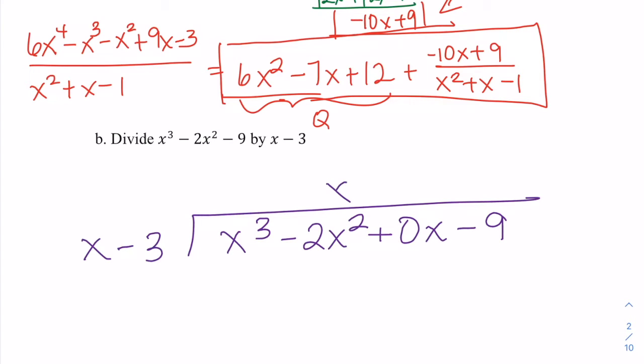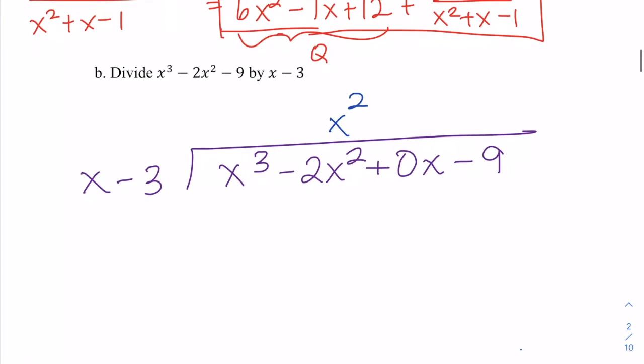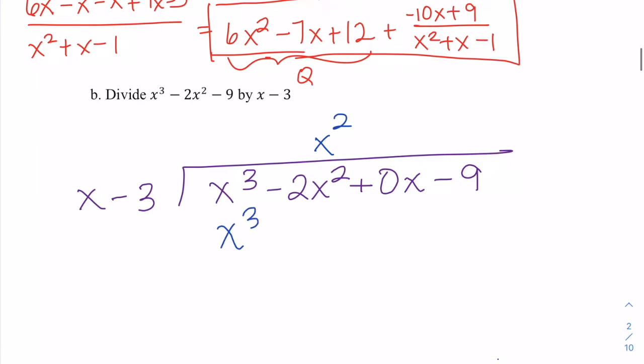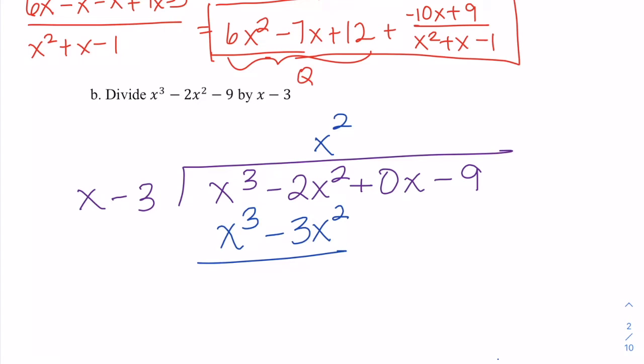So we're going to have to multiply this by x squared. So we multiply that by x squared, and we'll have x cubed minus 3x squared. Subtract going down, so we'll have x squared plus 0x.